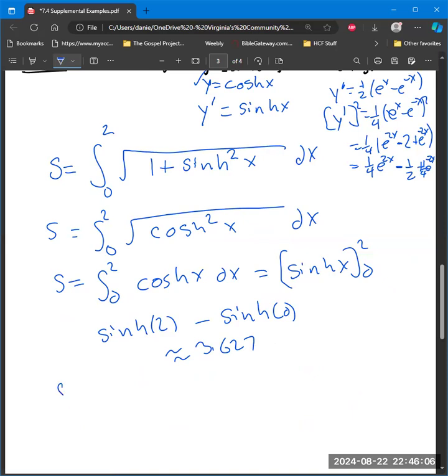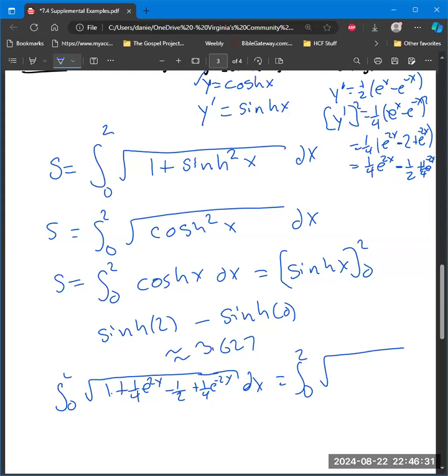So when I have the integral from 0 to 2 of the square root of 1 plus y prime of x squared, it turns into the integral from 0 to 2 of this, where negative 1/2 plus 1 becomes a positive 1/2.